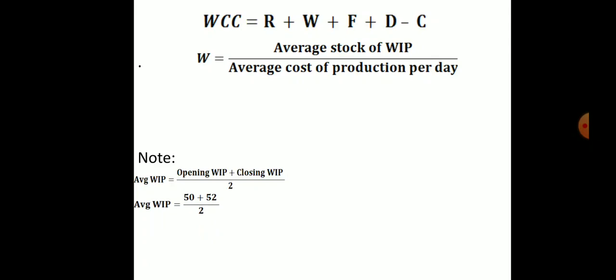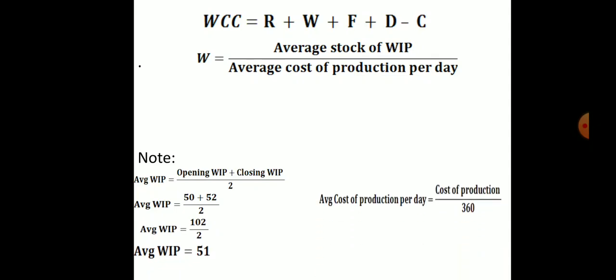So 50 plus 52, which is 102, divided by 2 is 51 lakhs. So on average you will spend 51 lakhs for the work in progress.